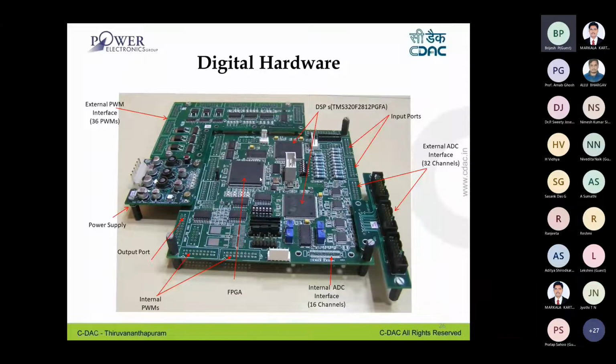Please carry on. This is our digital hardware we developed for the electronics interface. You can see the 2 different DSPs, and this is the FPGA, and we have simultaneous sampling ADCs, each having 8 analog channels, and these are external PWM interfaces from the FPGA.